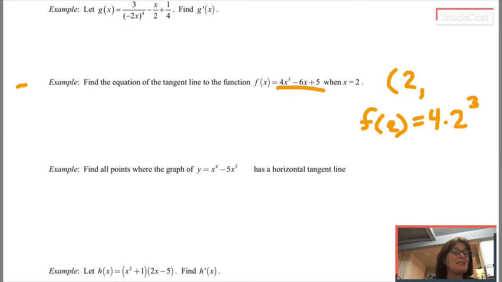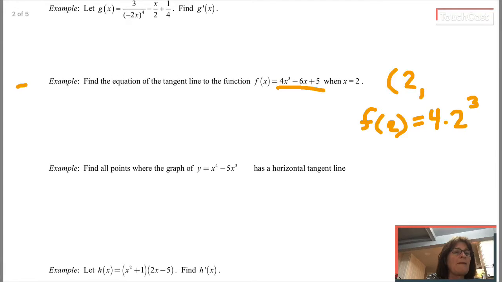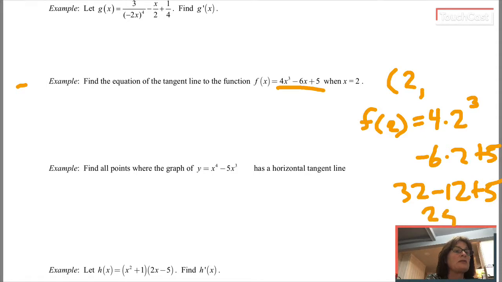It is not accepted practice to break your equation over a line, but it's going to happen here. Minus 6 times 2 plus 5. So 4 times 8, 32, minus 12 plus 5. That makes 20 plus 5, 25. Feel free to correct me. I was doing that one on the fly.